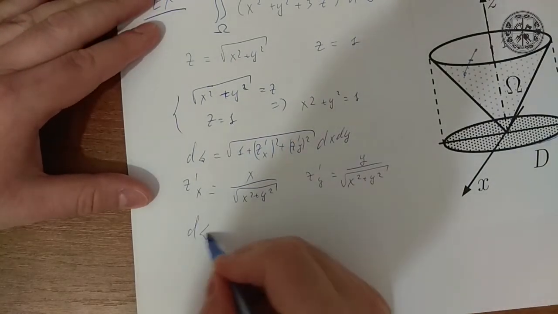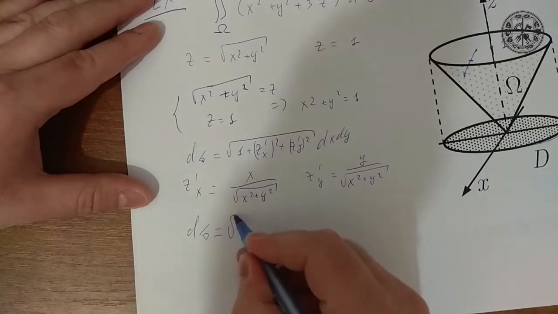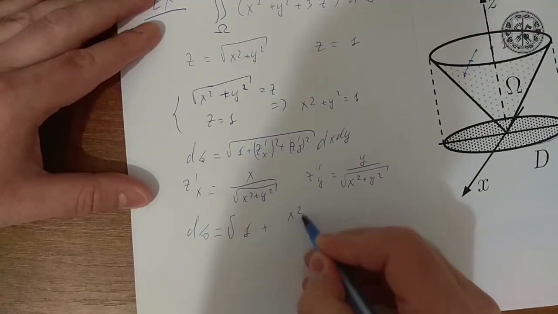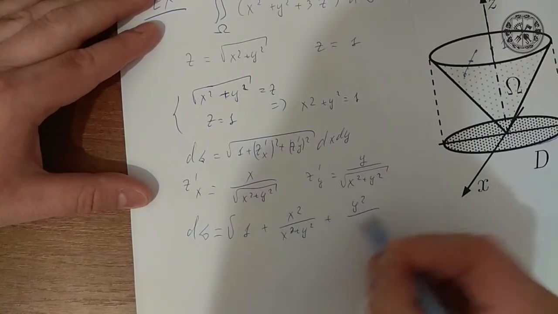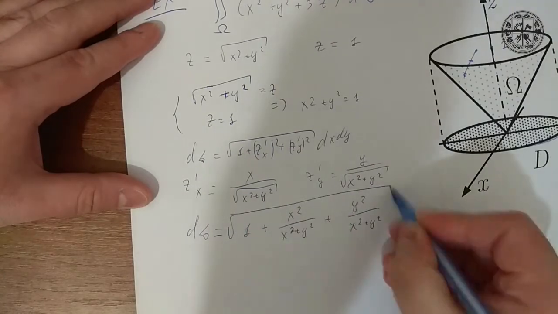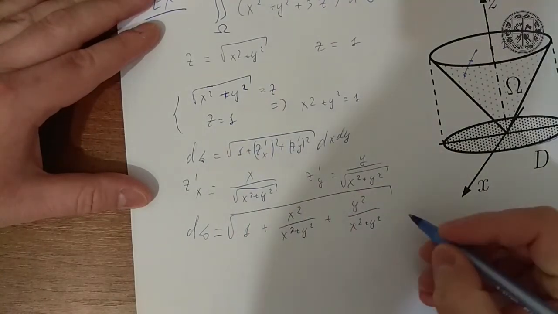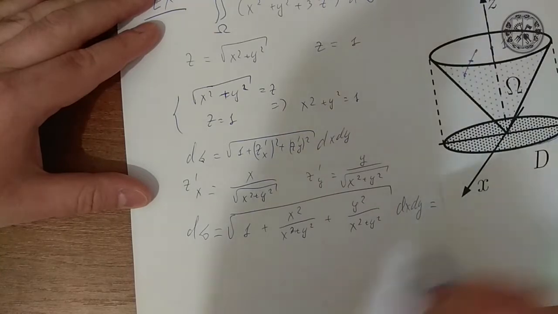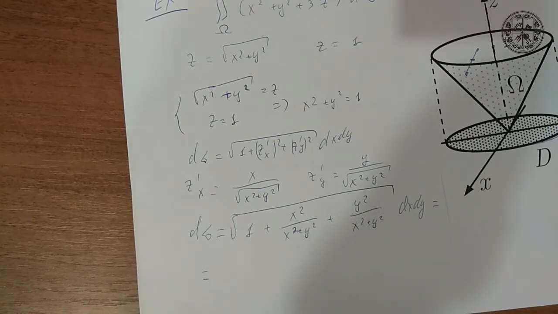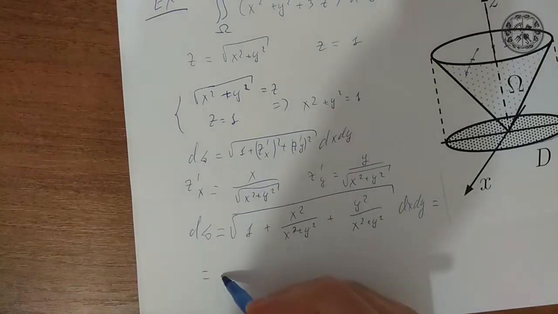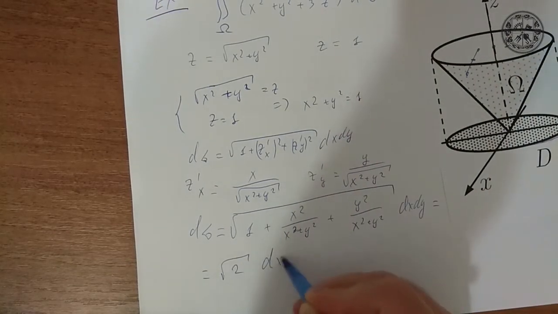So d sigma will be square root of 1 plus x squared over x squared plus y squared plus y squared over x squared plus y squared, and don't forget dx dy. And if we add these two together, we'll get x squared plus y squared over x squared plus y squared, and x squared plus y squared will be cancelled and we get 1, so 1 plus 1 is 2. As a result, we have square root of 2 dx dy.